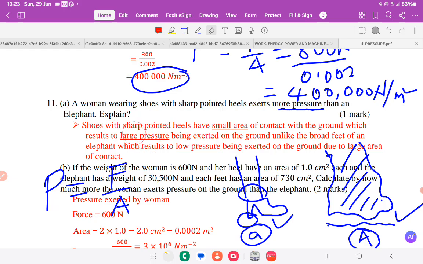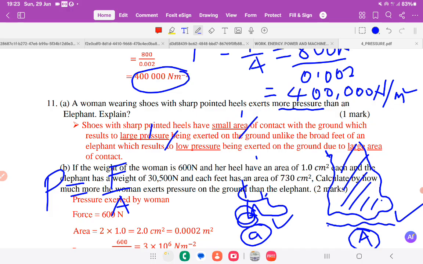Pointed means very sharp. Over here, we have a sharp heel. So heels with sharp pointed heels have small area. By saying this, already you have 1 mark for the small area in contact with the ground, which results in large pressure, another mark.